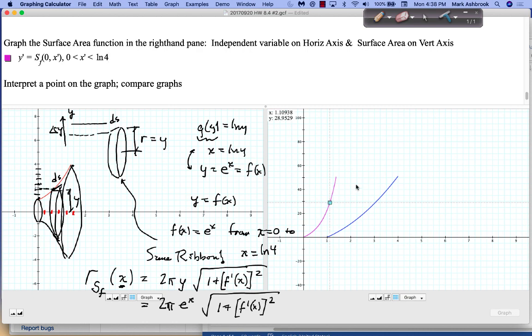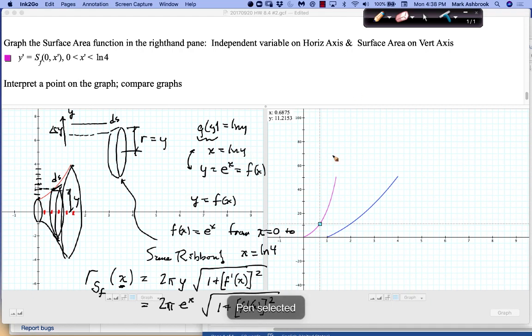So that's the point, let's do this point here instead. x equals 0.6875 and 11.2153. And what does that point mean? So what does this point on this graph mean?